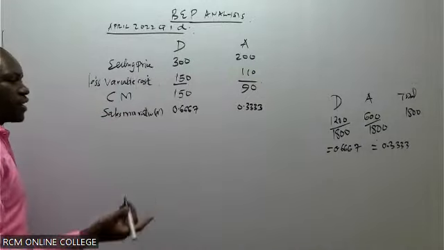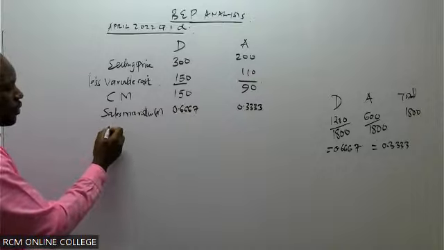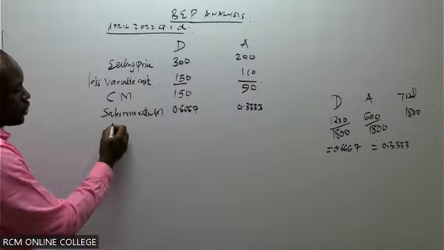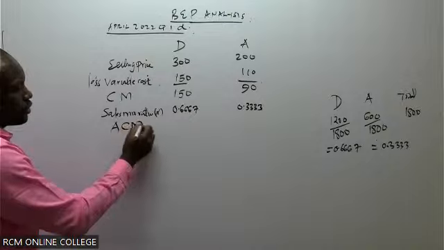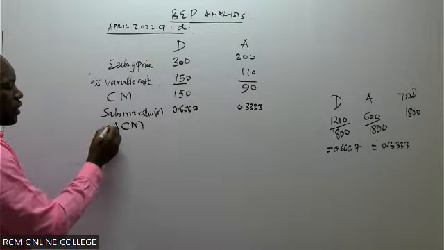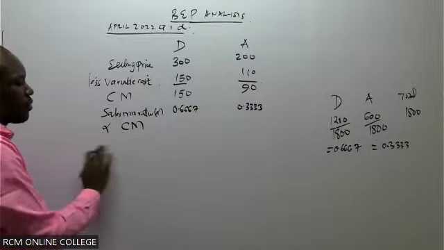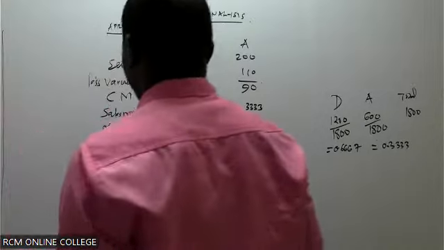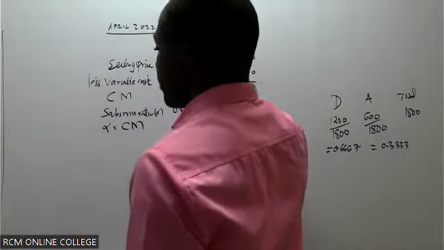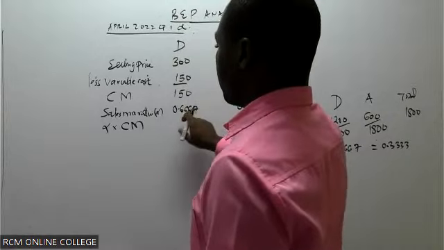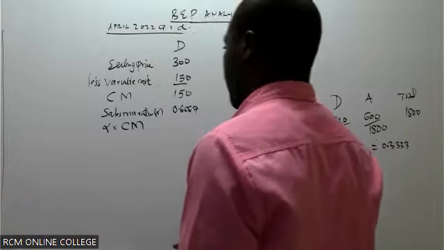Good. Once you have your sales mix ratio, you should be able to give us the weighted average contribution margin. So alpha multiplied by contribution margin. The first one, 150 by 0.6667, should give us a figure.